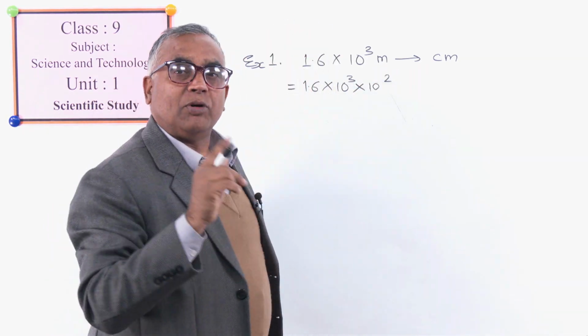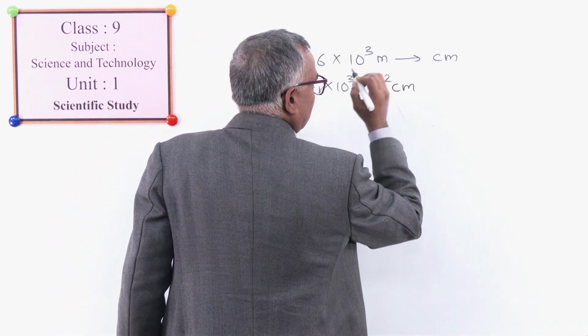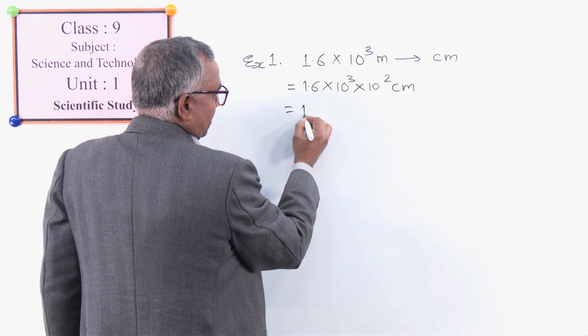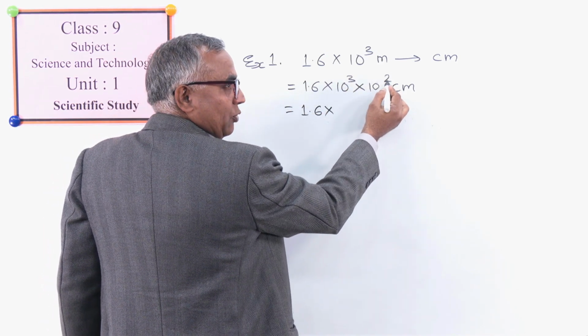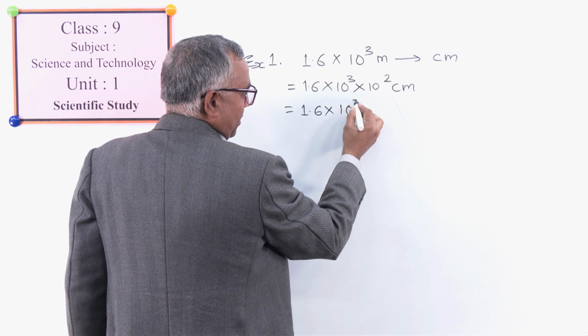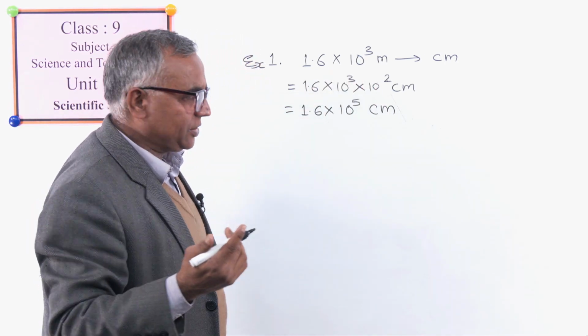So use positive power, and that will be centimeter. After that, here 1.6 into 10 to the power 3 and 10 to the power 2 will be added. So it will be 10 to the power 5 centimeter. So easily you can change it.